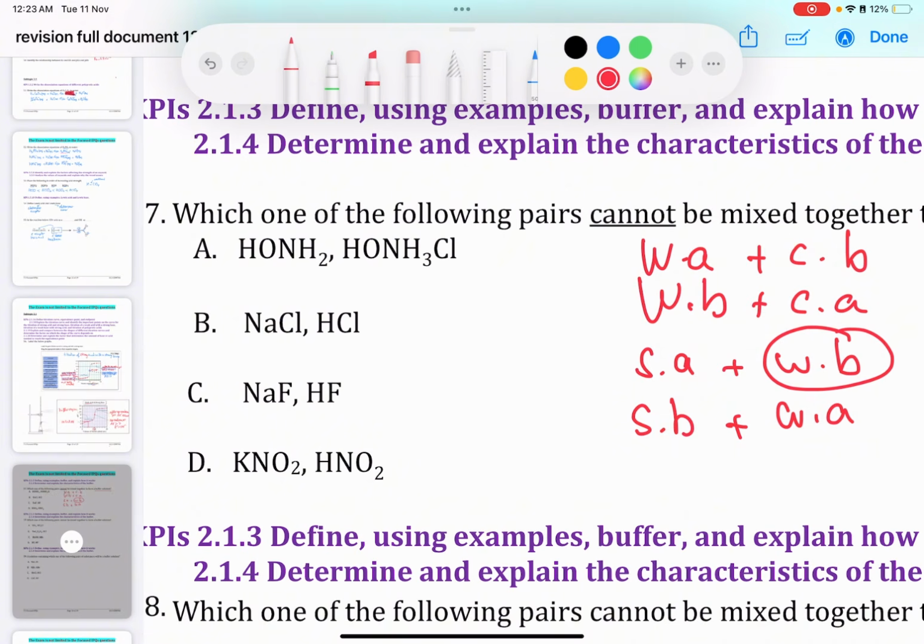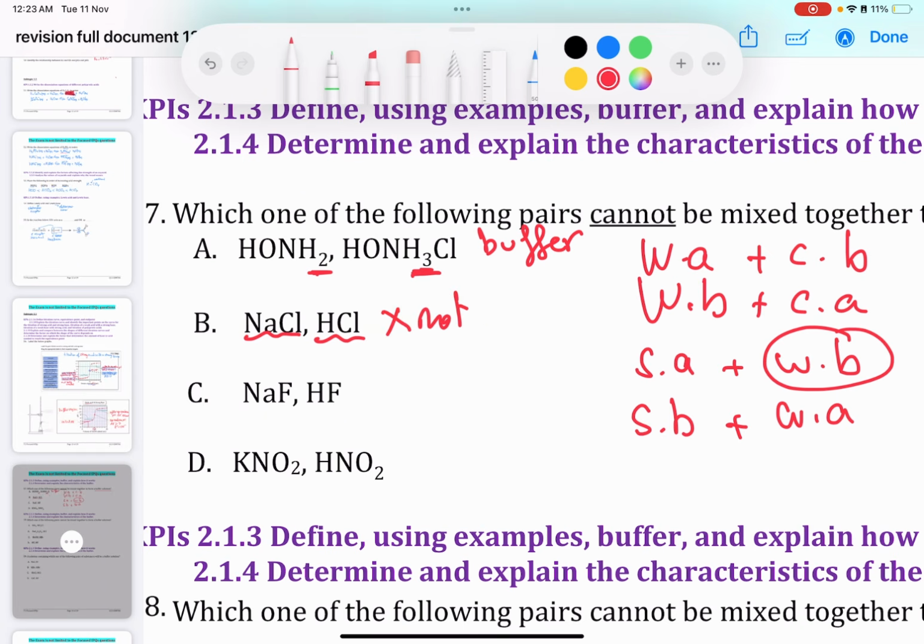So let's see where can we find the buffer in this list given to you. So here I have pairs 2 and 3, that's a base and its own conjugate acid. I know it because I have one more hydrogen. So that's a buffer. This is a salt, a neutral salt, and this is a strong acid.